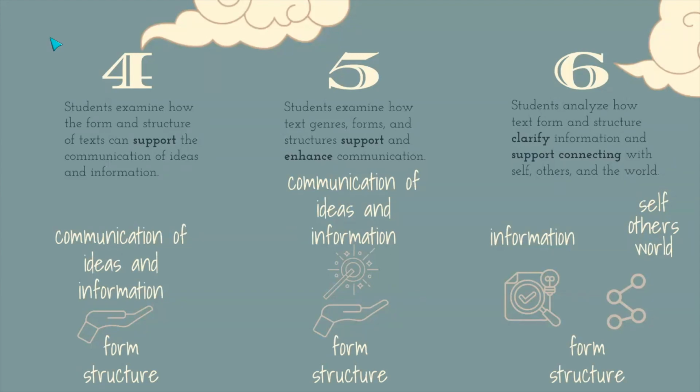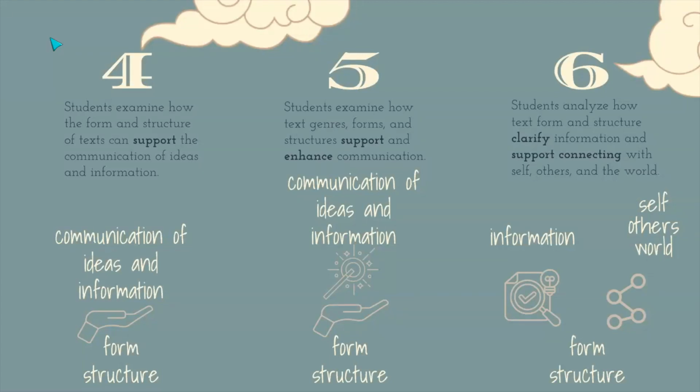In grade 5, it's form and structure, which also includes genre. And not only are we supporting communication of ideas and information, but we're also enhancing them. So we're talking about how when we choose a specific form and a structure, which then obviously informs the genre it's part of, it's done purposefully because that choice helps enhance our message or the ideas that we're trying to share.